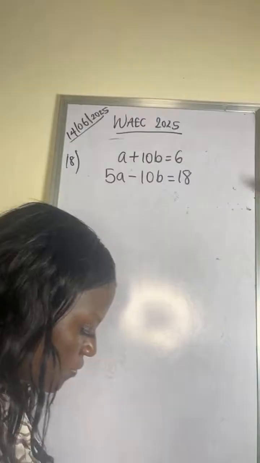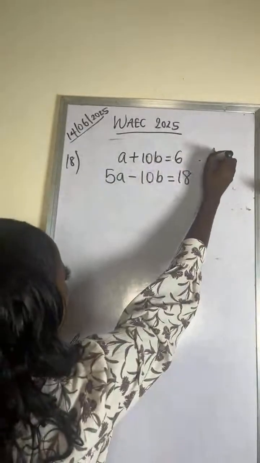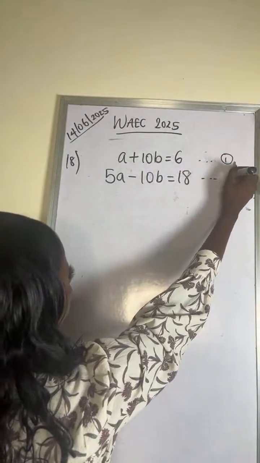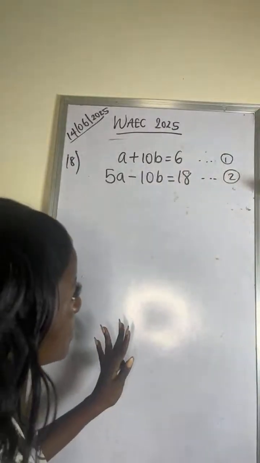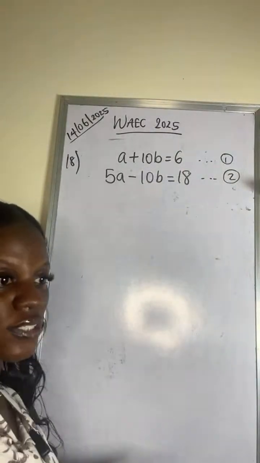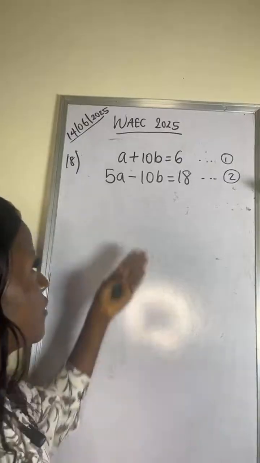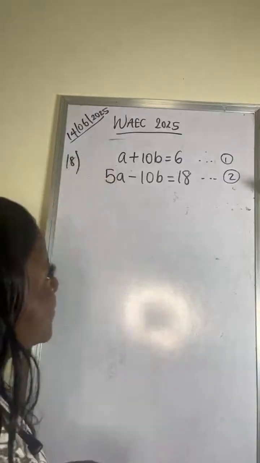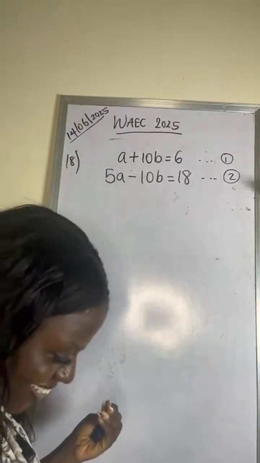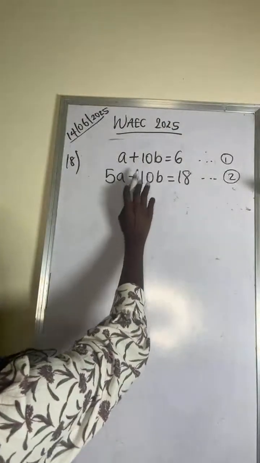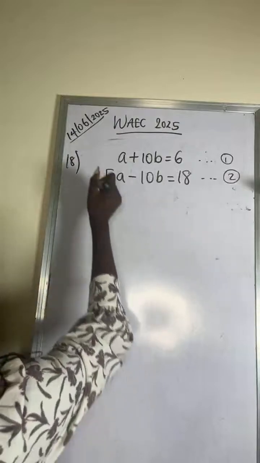Okay. So we know this is equation 1, this is equation 2, right? Take your time, ask yourself, what method do I want? If you see this, oh wow, they made this easy again. These two, they look alike. All we can do is just add.